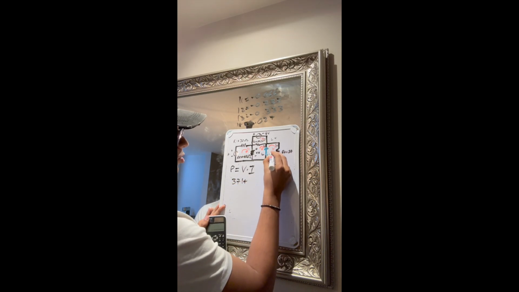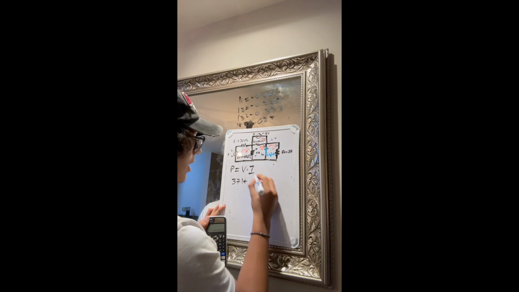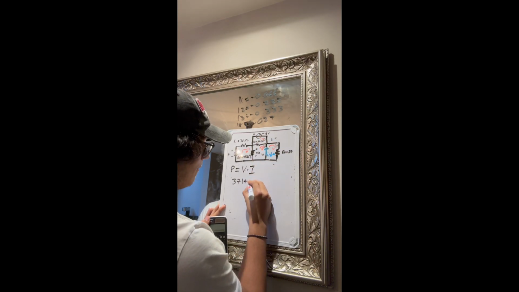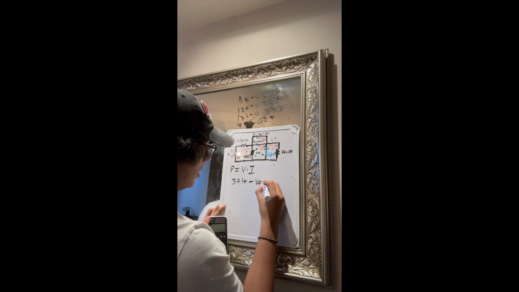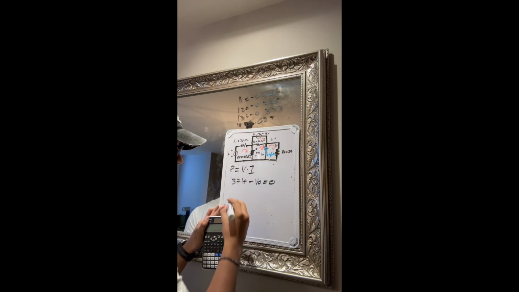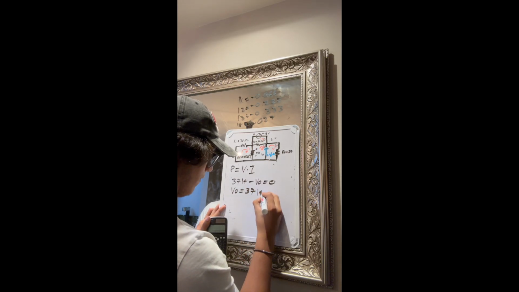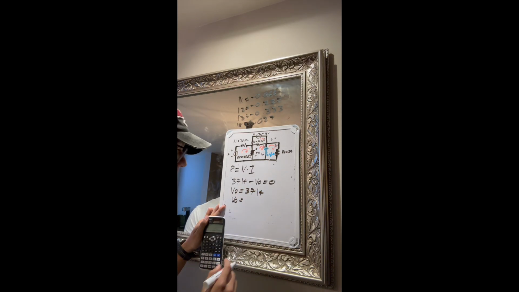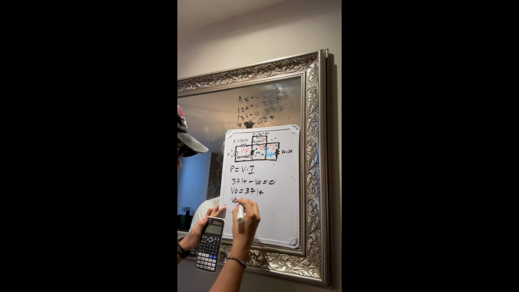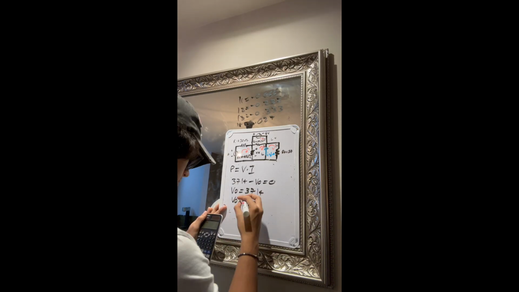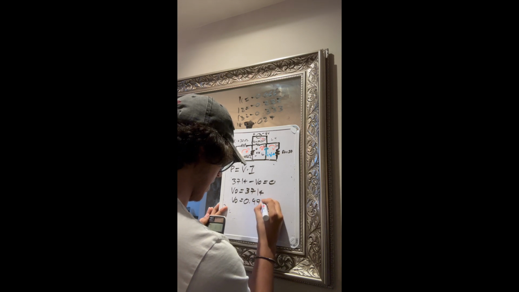This is going in the opposite direction, so we have minus V0, and this would be equal to 0. So we can solve for V0, and this would be 37 I4. And we have that V0 is equal to 0.999.